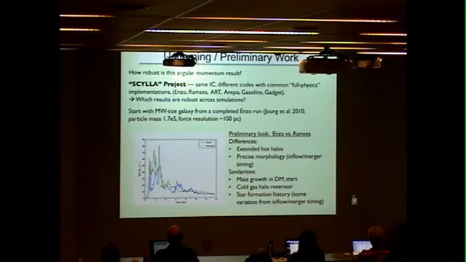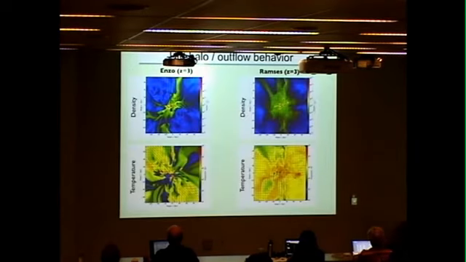They are pretty similar. And so specifically looking at angular momentum, the first things that are obviously different at first look are the hot halo and outflow behavior. Of course, they have different feedback schemes. One's energy conserving, one's momentum conserving, so obviously you're going to get different results. Here's the basic structure. You can see the arrows are the velocities, and here's a temperature map.